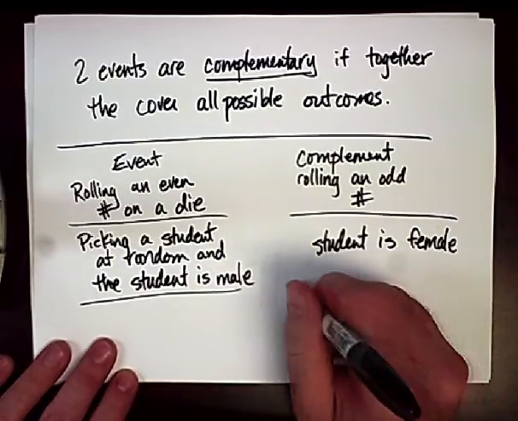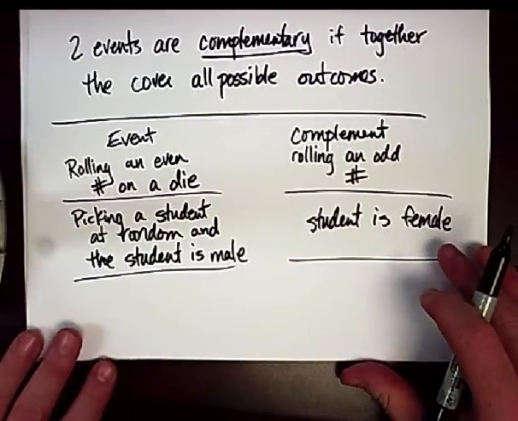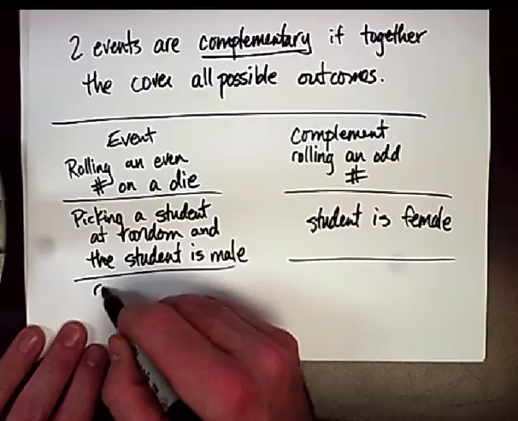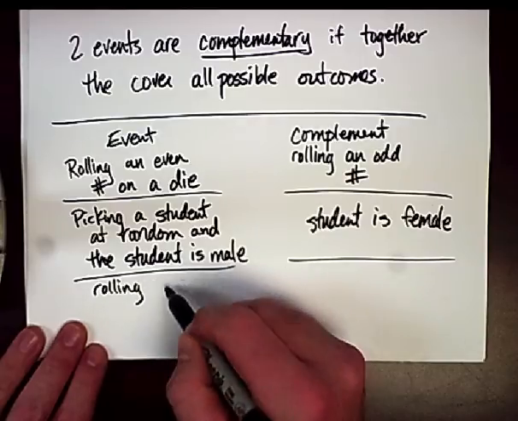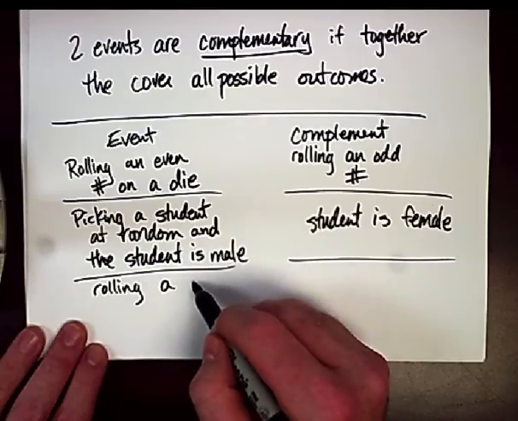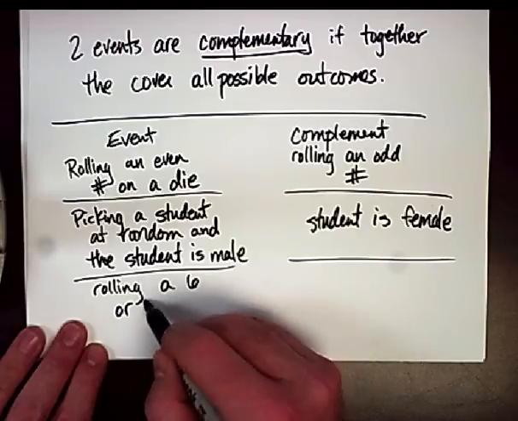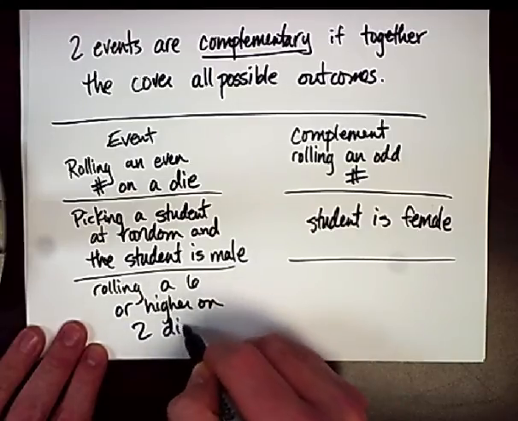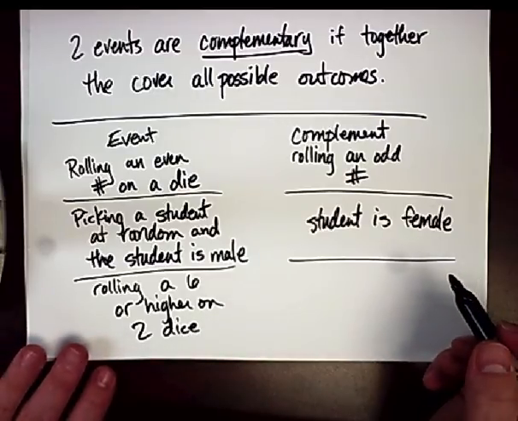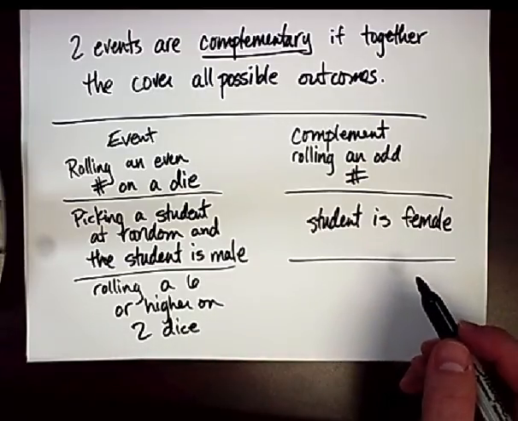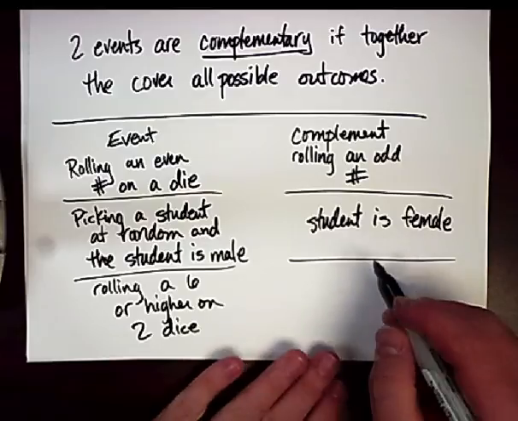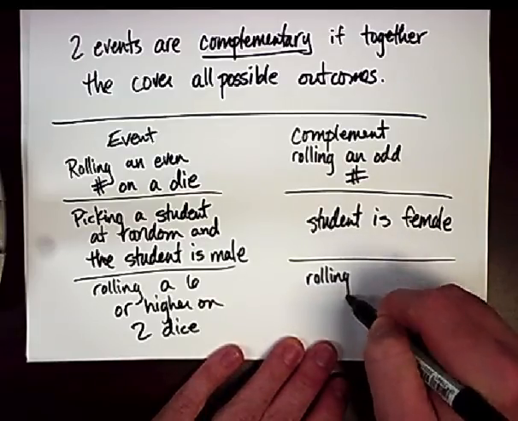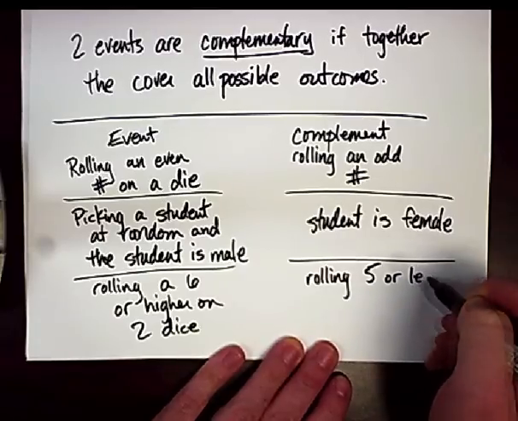Okay, let's do one more. What if the event was rolling a 6 or higher on 2 dice? Well, we need to include everything that is not 6 or higher, so that would be rolling 5 or less.